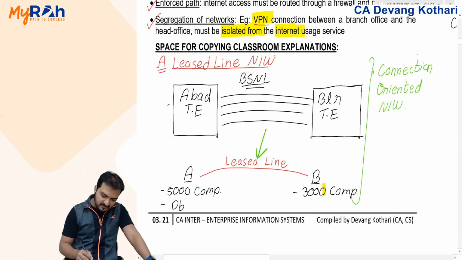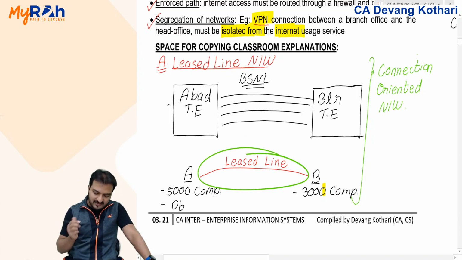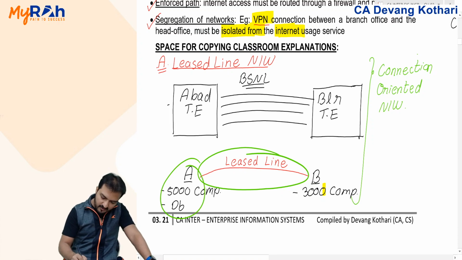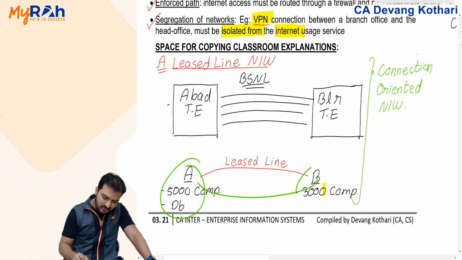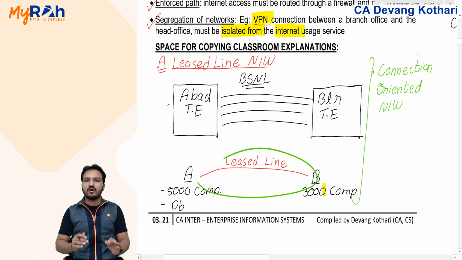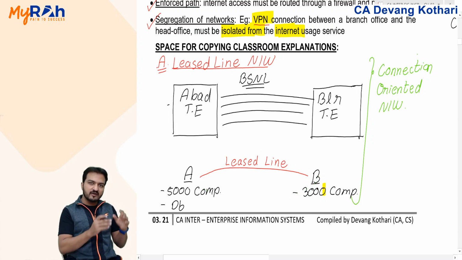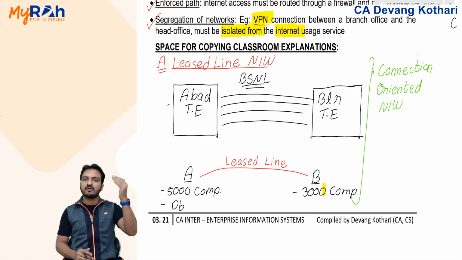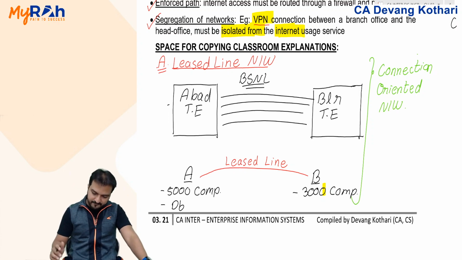So BSNL provided this telephone cable to me, which I will now use for connecting my Ahmedabad branch with my Bangalore branch. This cable is now creating a network called a leased line network, where my communication line is taken on rent from the telecom company.